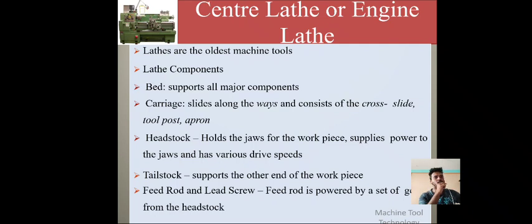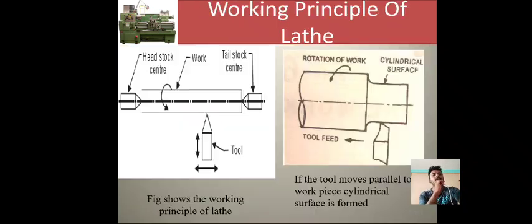Headstock holds the jaw for the workpiece, supplies power to the jaws and has various drive speeds as we have seen in the figure. The tailstock supports the other end of the workpiece. The feed rod and the lead screw are powered by a set of gears from the headstock. Very important engine components. Next we go for the working principle.